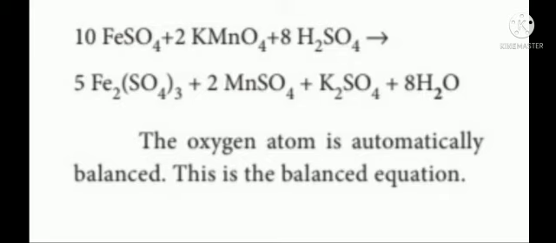Using the oxidation number method, you can also balance the equation for redox reactions. This method involves 5 steps. Using the 5 steps, you can balance the equation for redox reactions. Hence, we completed the topic oxidation number method for balancing the equation for redox reactions.